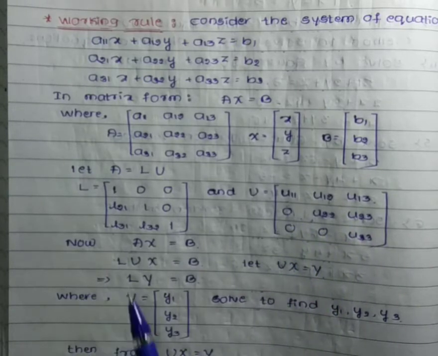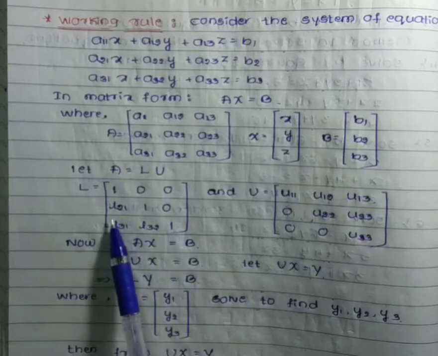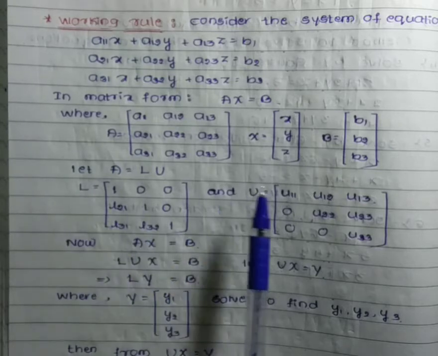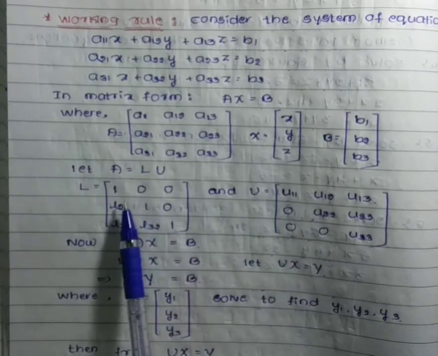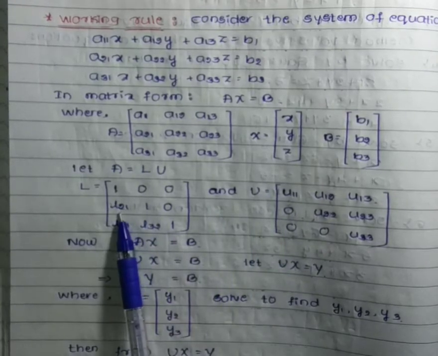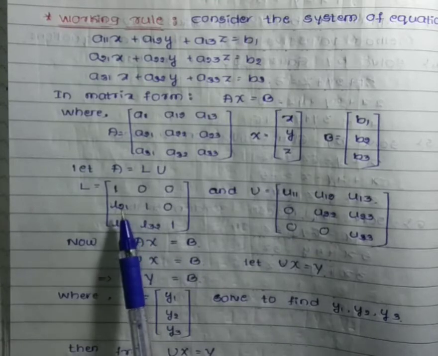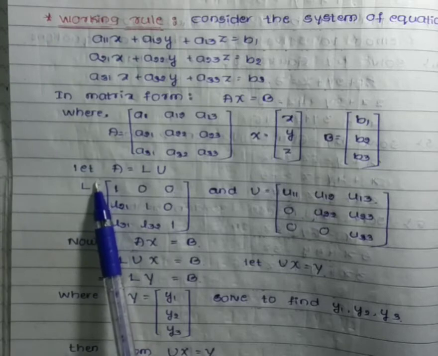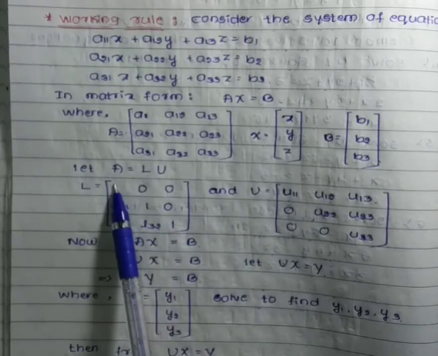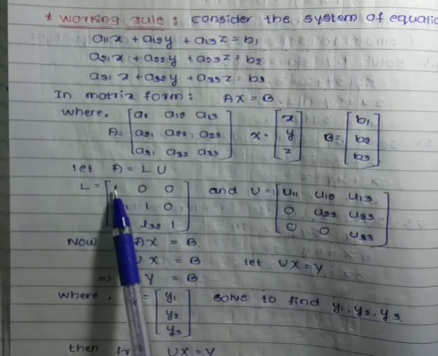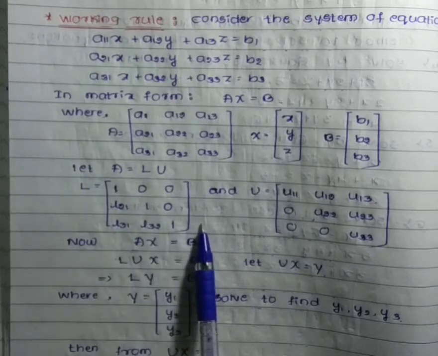One more thing we need to remember here is, whenever we are applying the LU decomposition method, either in the lower triangular matrix or in the upper triangular matrix, the principal diagonal elements we have to consider as 1.